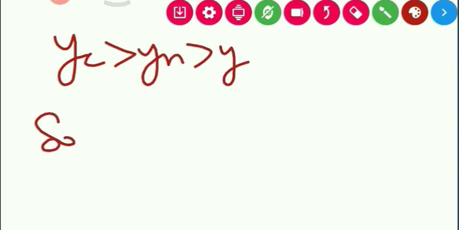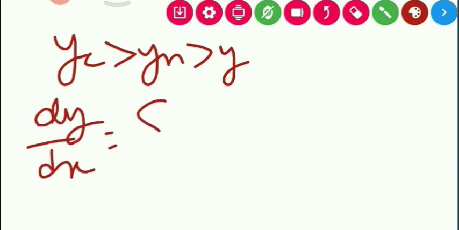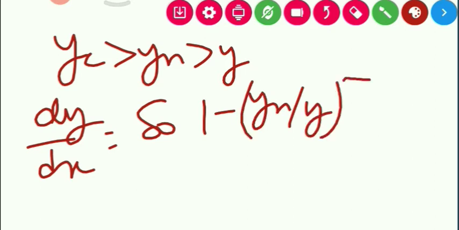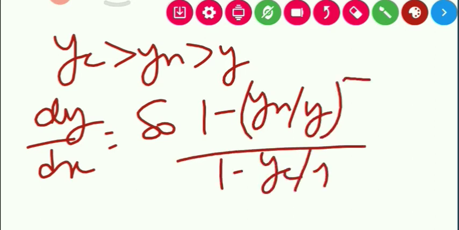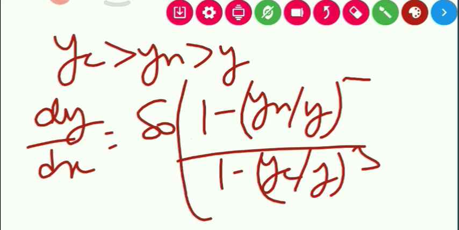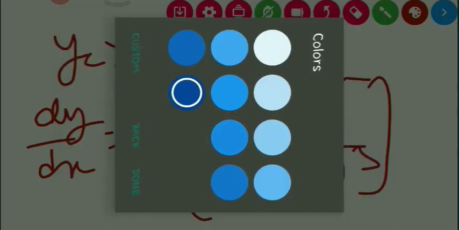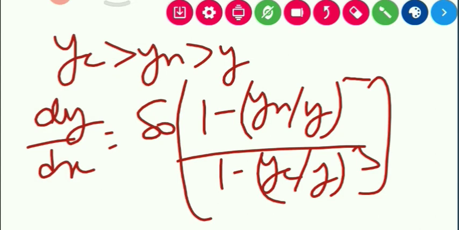So what is the value of dy by dx? S0 times 1 minus yn upon y to the power something, 1 minus yc upon y to the power something. So here yn is greater than y, so this term will be greater than 1, so here it is a negative.